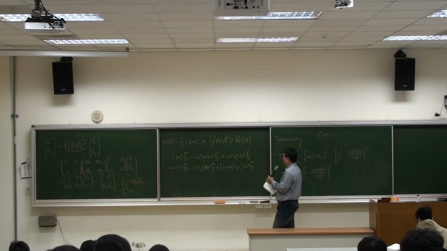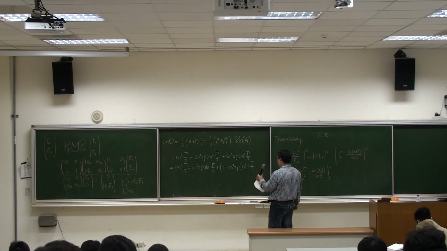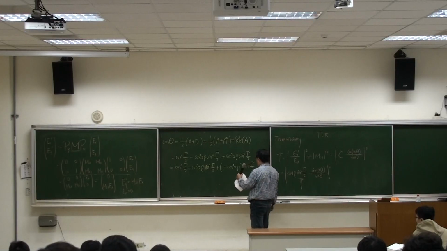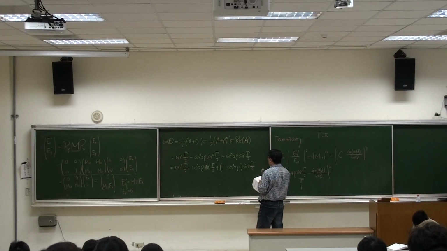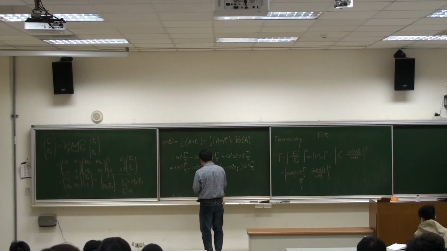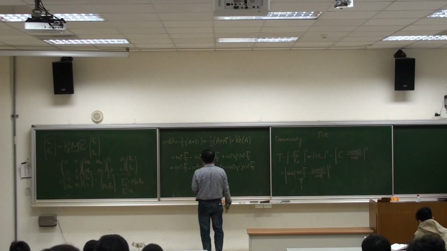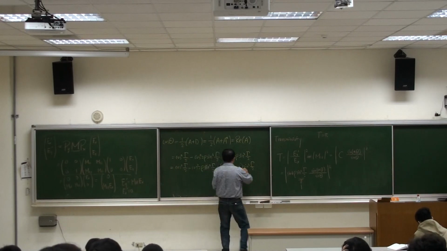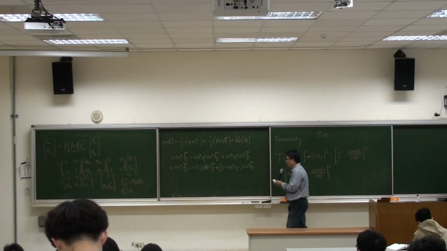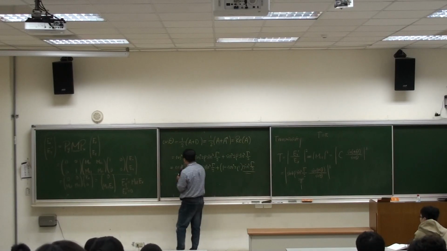这边要去凑一个 size。对，OK，好，没错，好。Sin square plus cosine square gives us 1, okay?